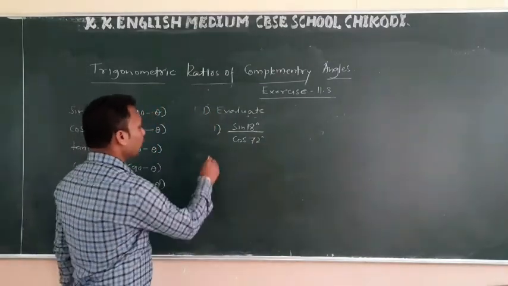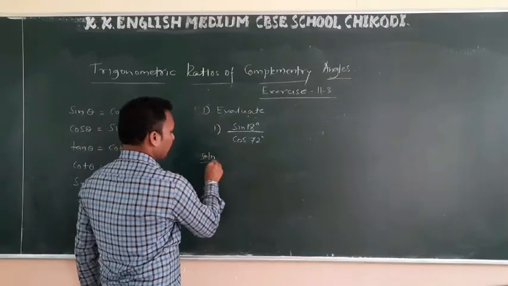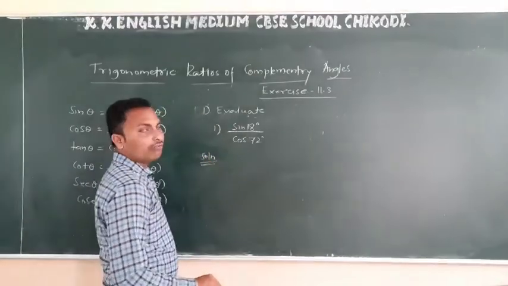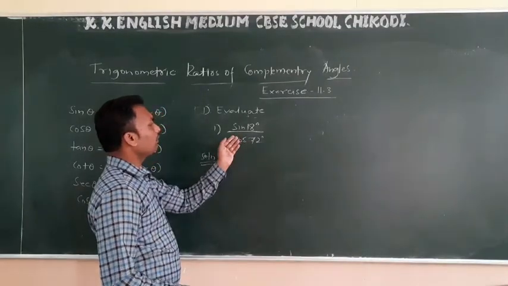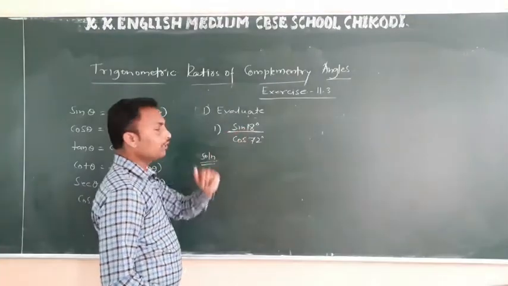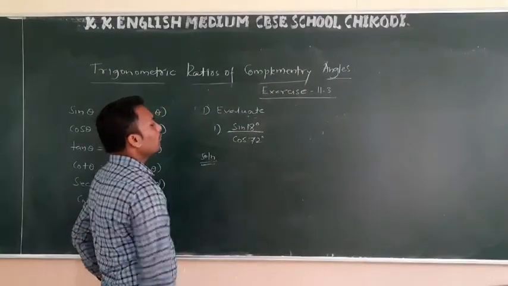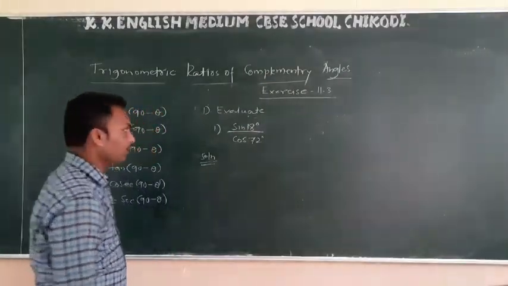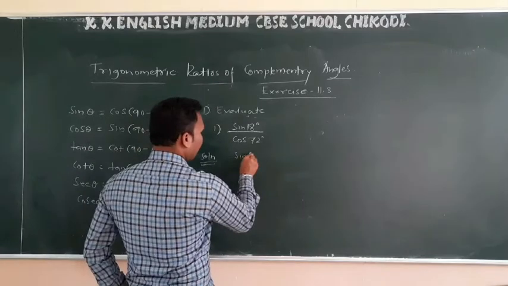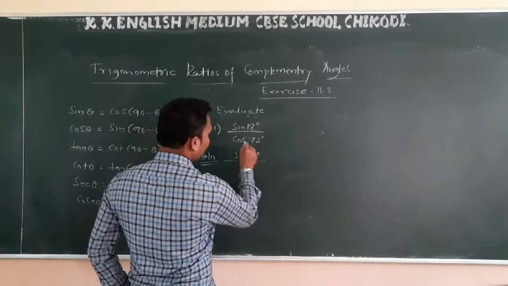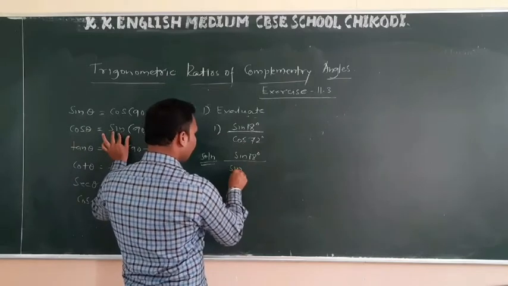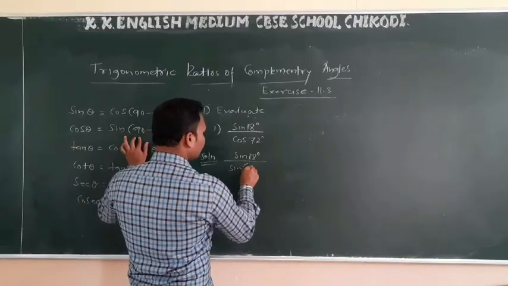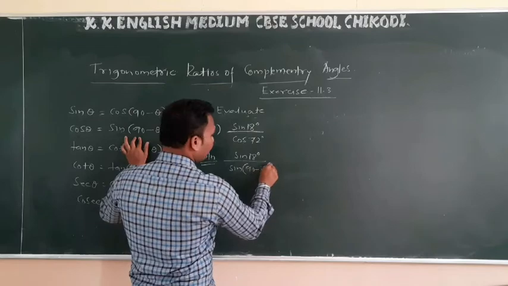Now solution for this question. Sine of 18 degree is given. You can convert either the numerator or the denominator. Let us convert the denominator. Sine of 18 degree as it is. Now cos of theta is nothing but sine of 90 minus theta, so it is 90 degree minus 72 degree.